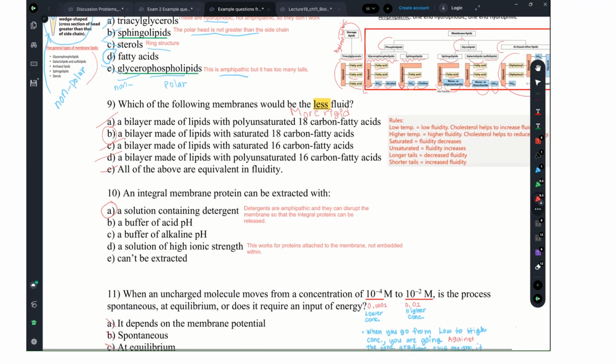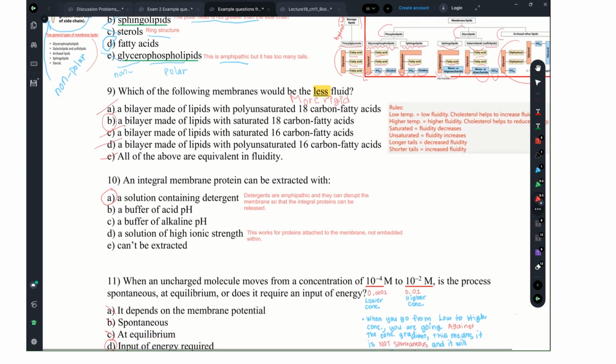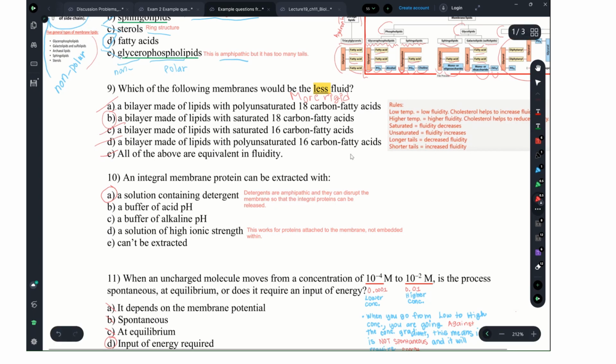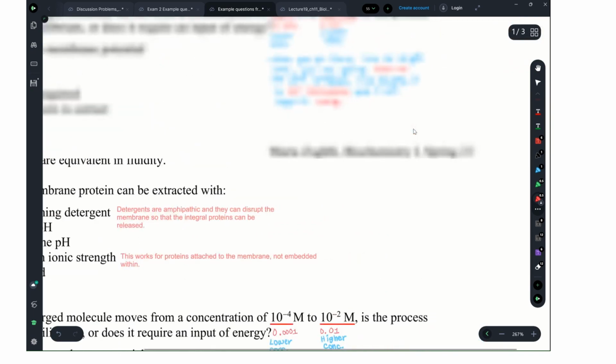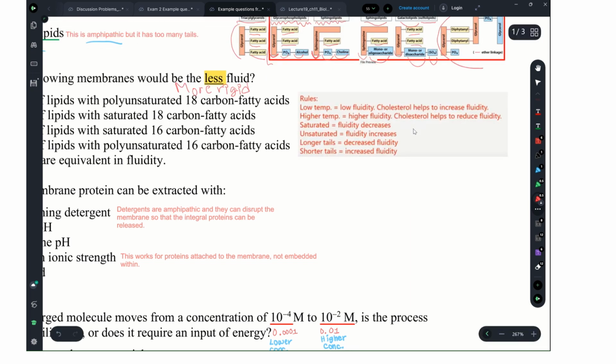Okay, so number 9, which of the following membranes would be the less fluid? So they want the more rigid. So you have to know the rules. What are the factors that affect membrane fluidity? Temperature is a factor.